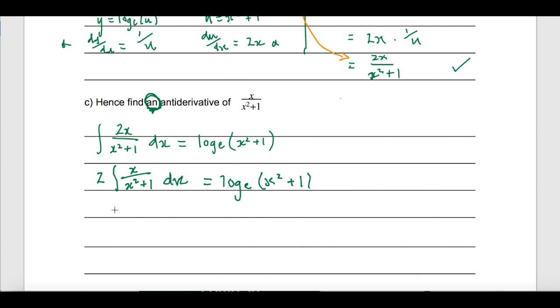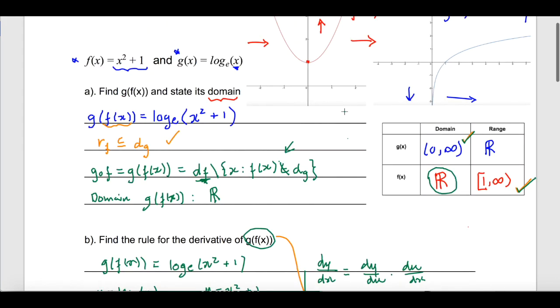Alright, we just need to divide through by 2 on both sides. So that's just the same as putting a half out the front. And there you have it, an antiderivative.